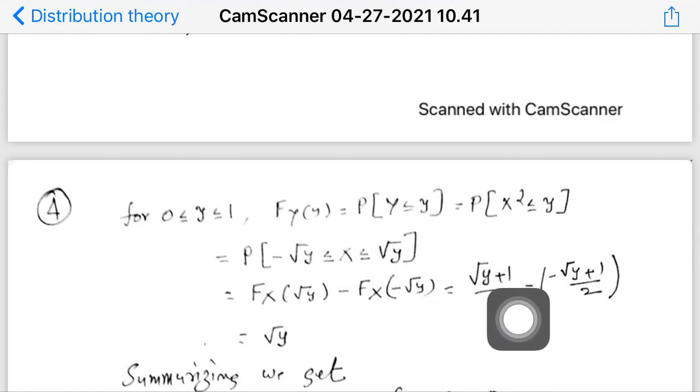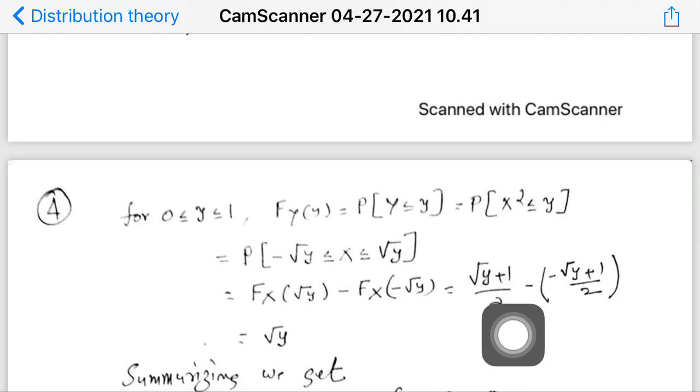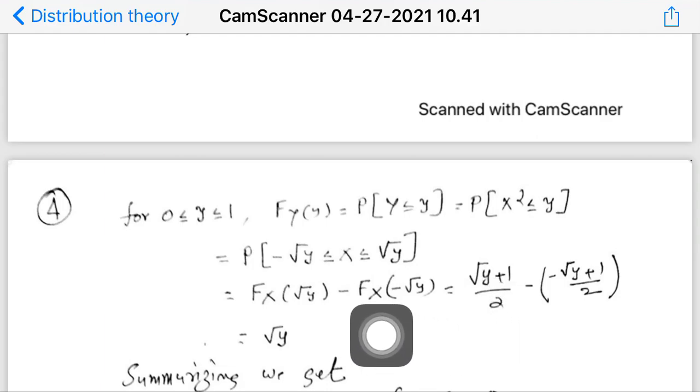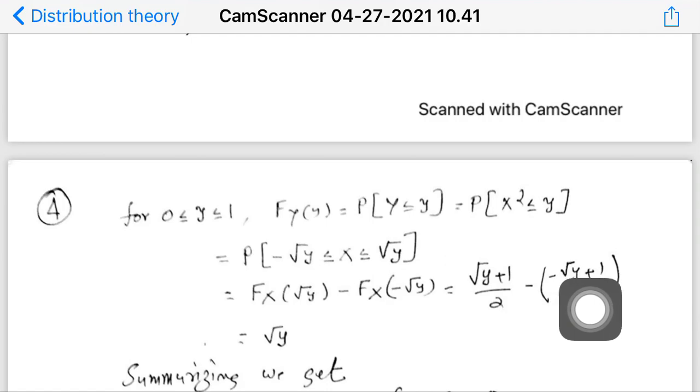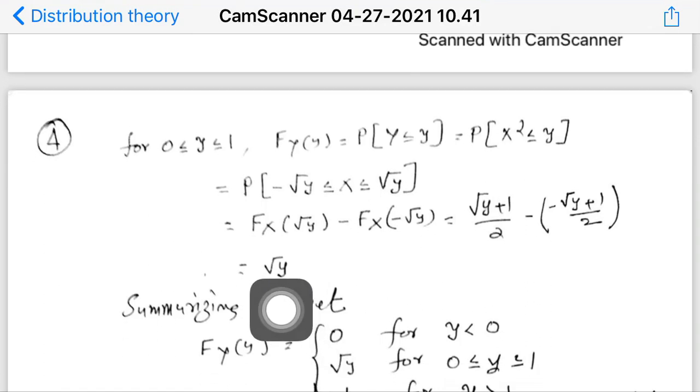And you can see that F x of root y is (root y plus 1)/2, minus, then this is (minus root y plus 1) divided by 2, and you will see that it is equal to root y.